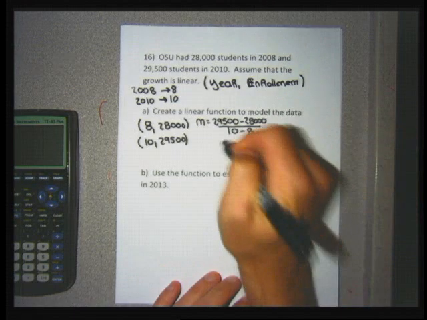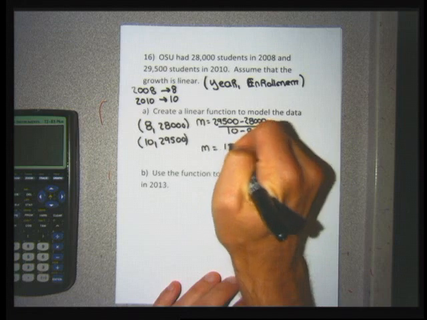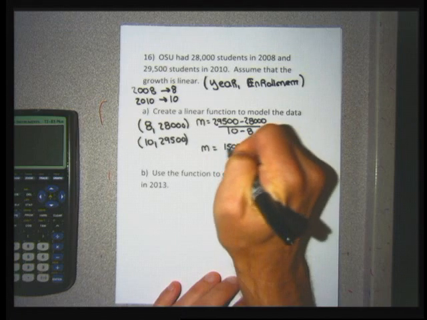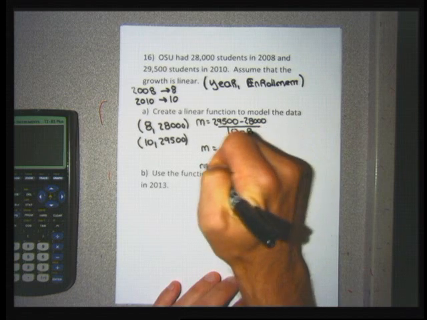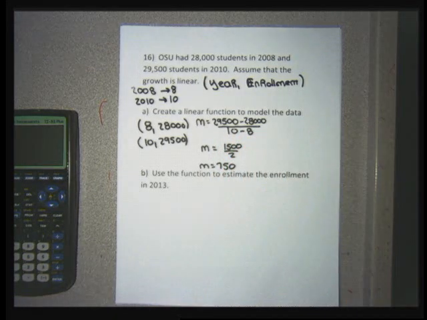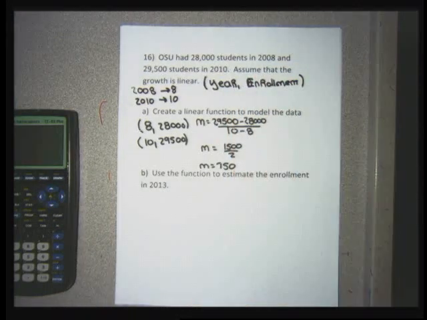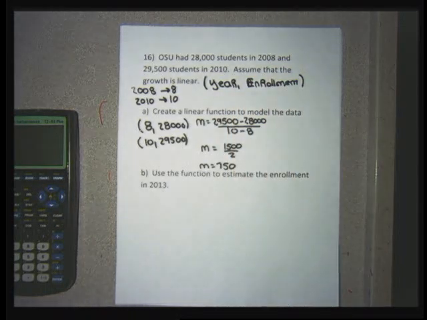When I do this, I get m equals 1,500 over 2, which is 750. Basically this 750 means the enrollment is growing at 750 students per year. The phrase 'assume the growth is linear' means the change in the number of students is constant, that it goes up by the same amount each year.